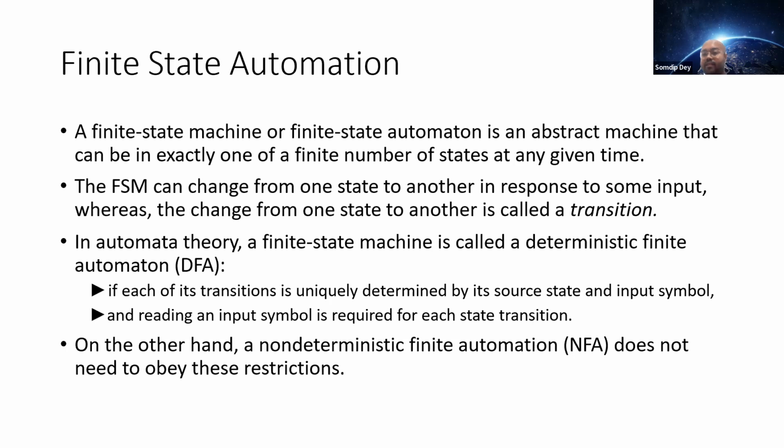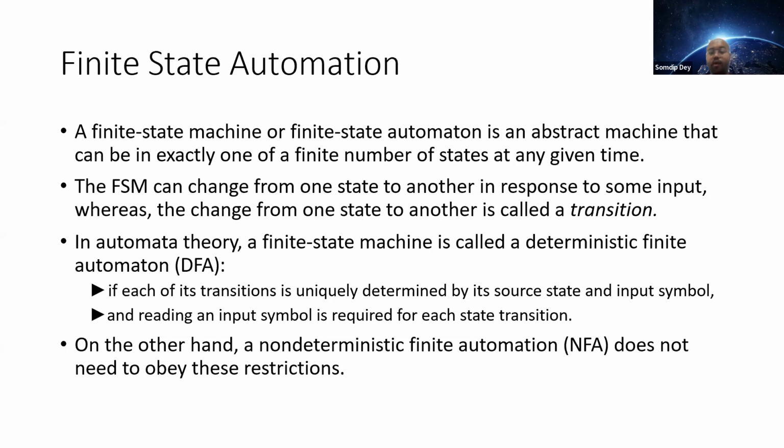Now, in deterministic finite automata, the main key point that you need to keep in mind is that each transition is uniquely determined by its source state and input symbol. And the other thing that you need to keep in mind for deterministic finite automata or DFA is that reading an input symbol is required for each state transition.